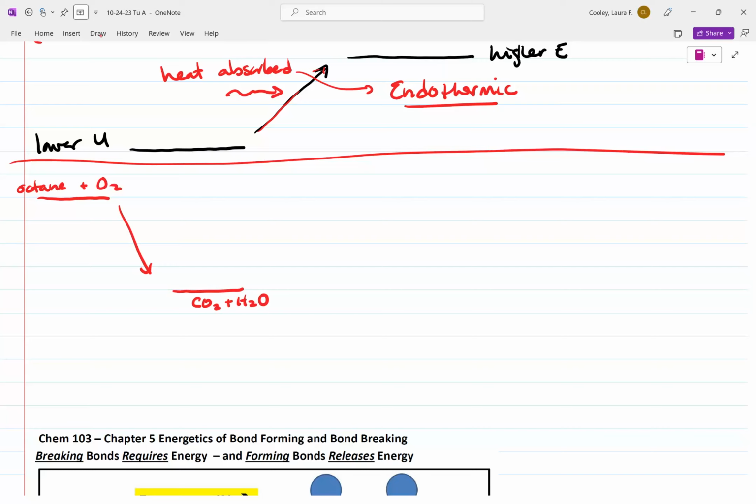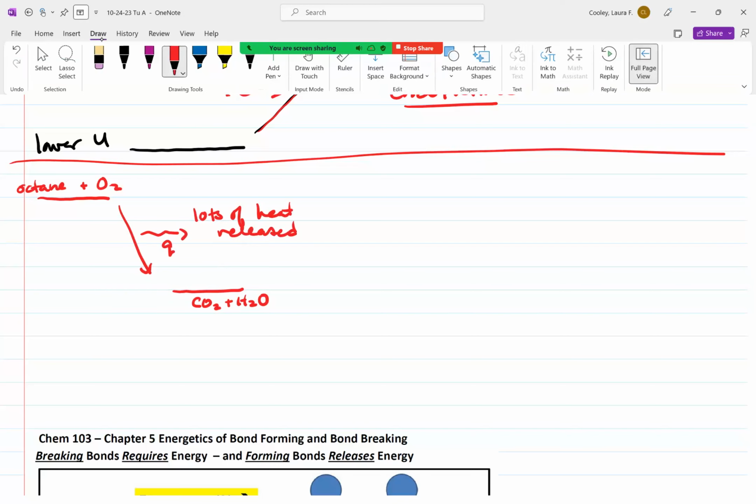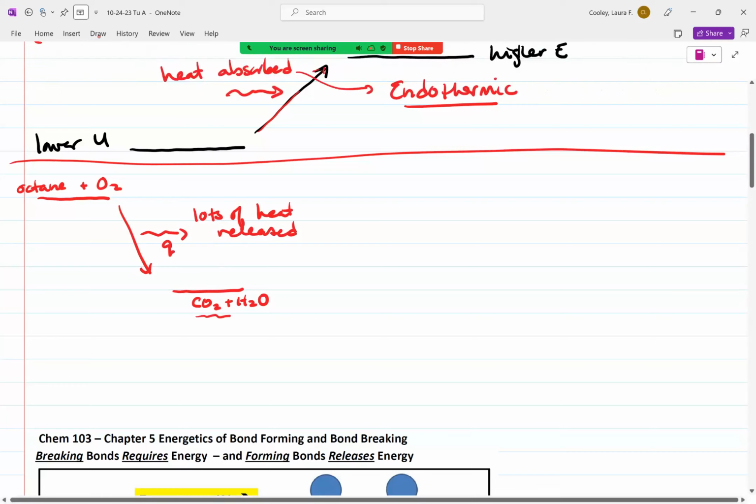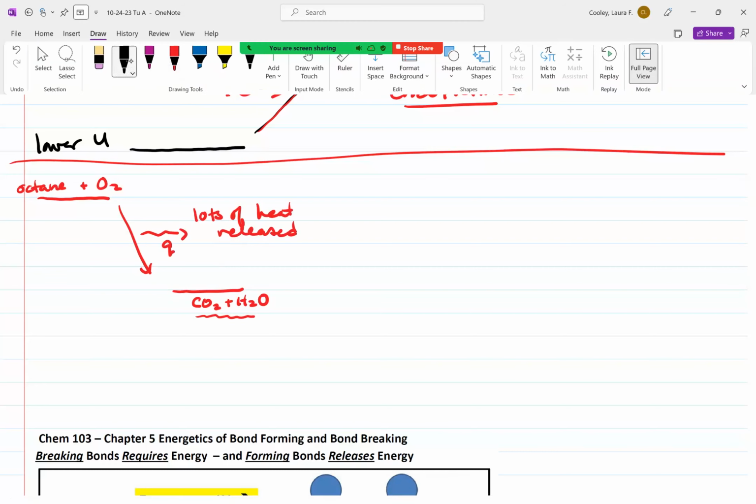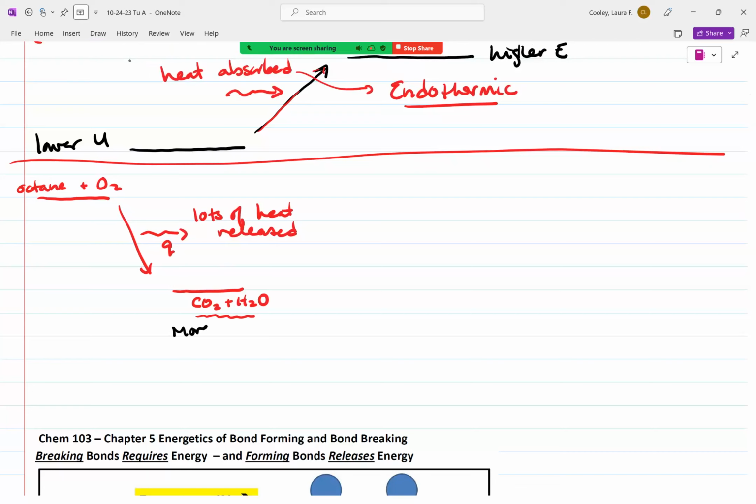This is what happens in a combustion engine, and lots of heat is released. This is Q flowing out of the system. The reason is that the carbon dioxide and water have more and or stronger bonds, and the octane and oxygen have fewer and or weaker bonds.